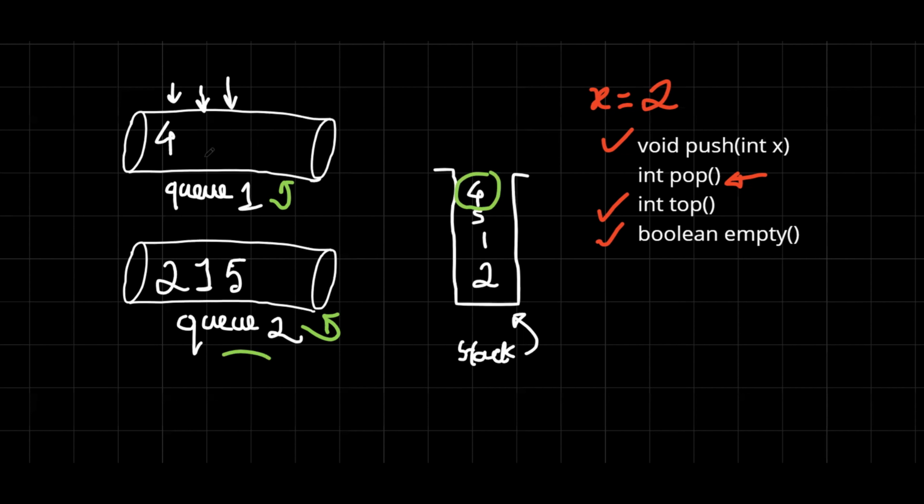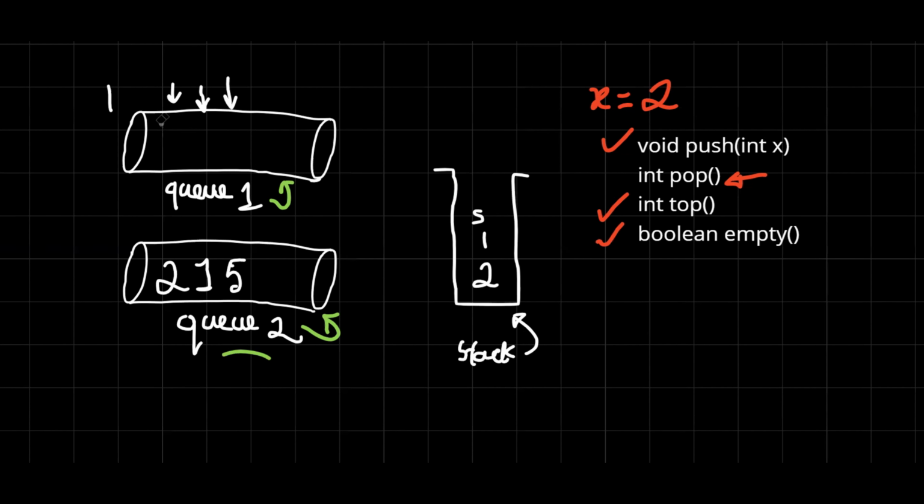So here we have to simply remove this element from the queue. We simply discard it, and if we apply the remove operation, the element 4 is removed from the stack.